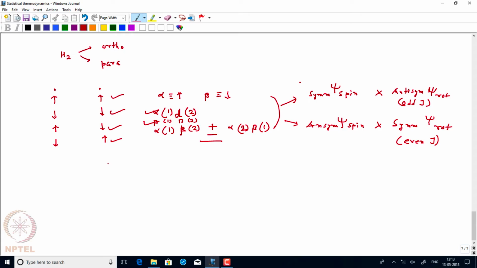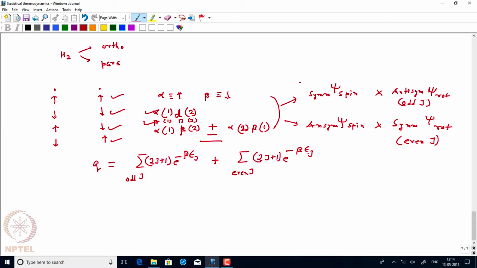Now we are talking in terms of the partition function, which is the sum over 2j plus 1 times e to the power minus beta epsilon j, and the sum is taken over all j. I can divide this sum into two parts: one is the sum over odd j's, plus I can also sum over even j's, of 2j plus 1 times e to the power minus beta epsilon j.